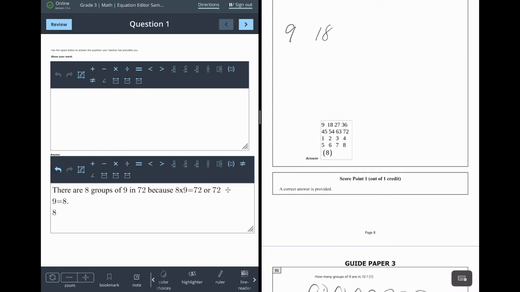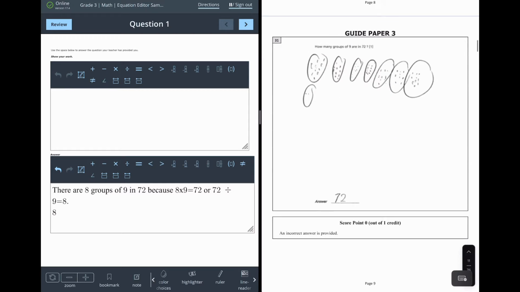You could do that. This kid drew it. He drew 9 little dots and circled it. And then he would draw another 9 little dots and circled it. So in here he has 9, 18, 27, 36, 45, 54, 63 until he got to 72.